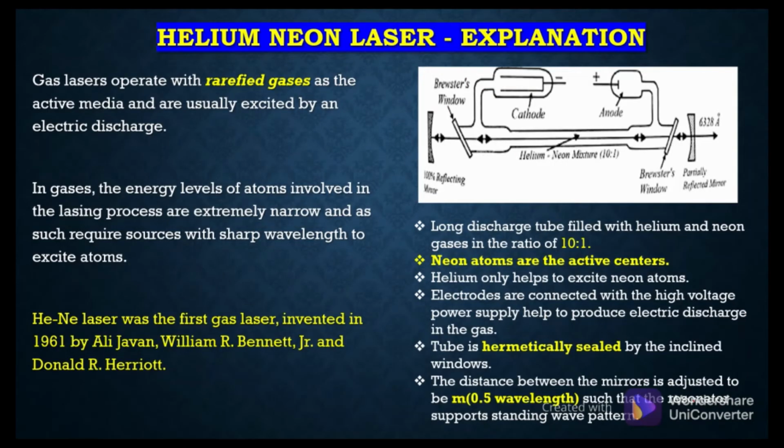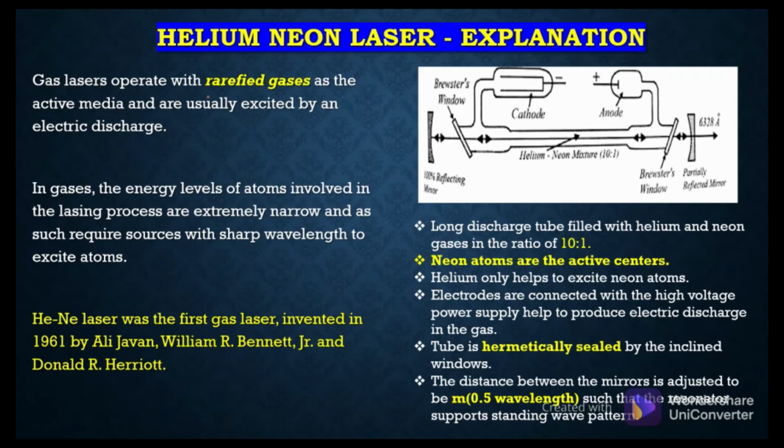Here is the explanation. The helium neon laser is a gas laser because the active medium here is a mixture of the gases helium and neon. High power gas lasers like carbon dioxide lasers are used in industries. Low power lasers like helium neon lasers are available in normal physics laboratories also.